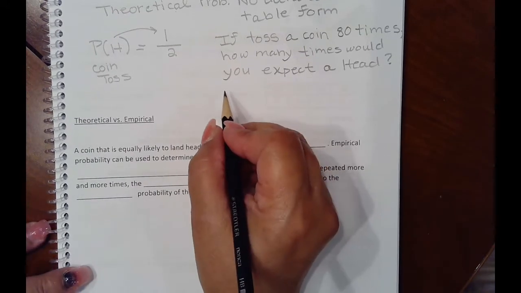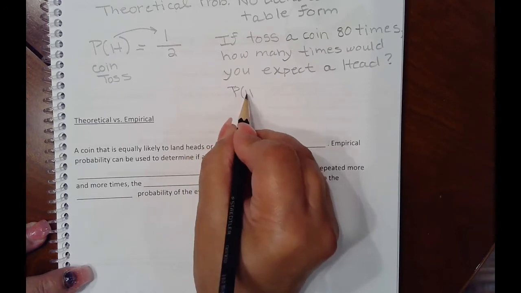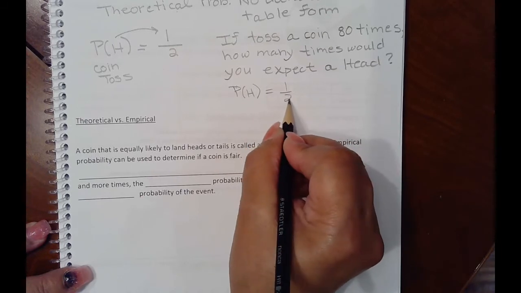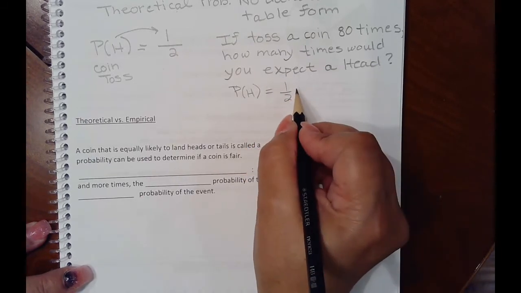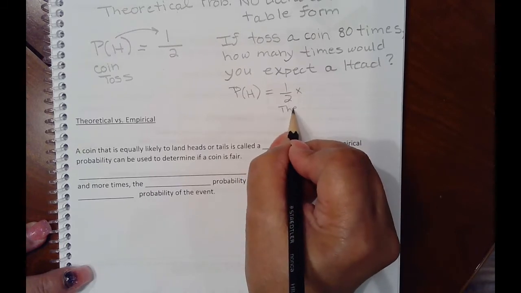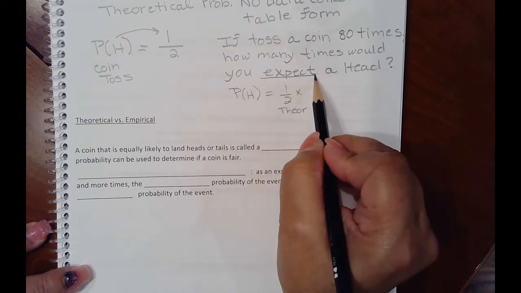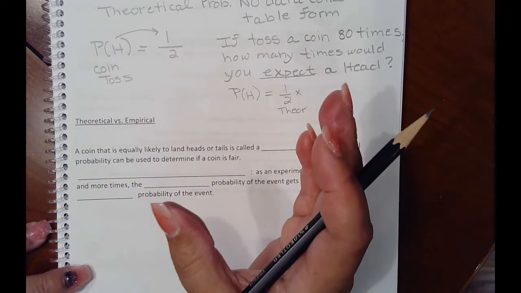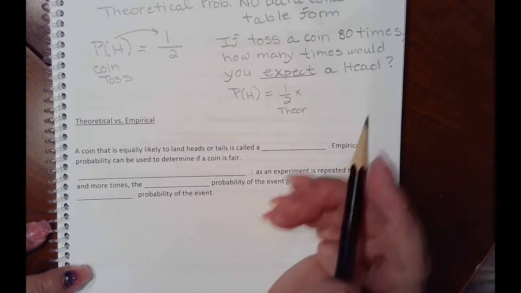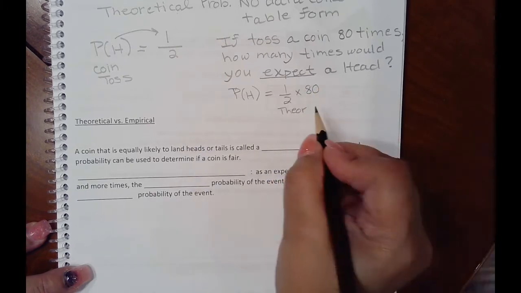Okay, so what you have to think about is that the probability of tossing a coin just once and getting a head is 1 out of 2. But if you're going to toss it 80 times, then it would be that theoretical probability. When they're just saying expect, that means you're not basing this answer on data that you've collected. You could answer the question just by going 1/2 times 80 and never actually tossing a coin.